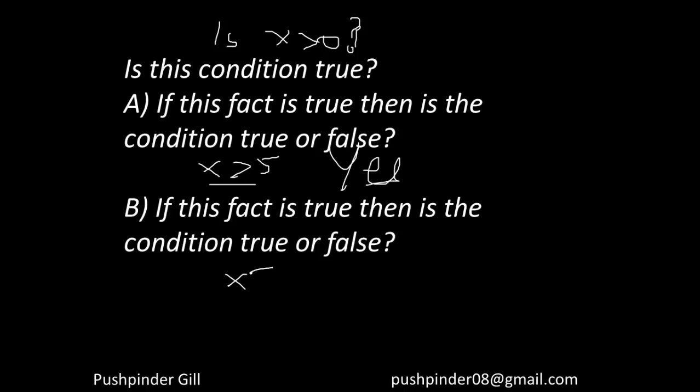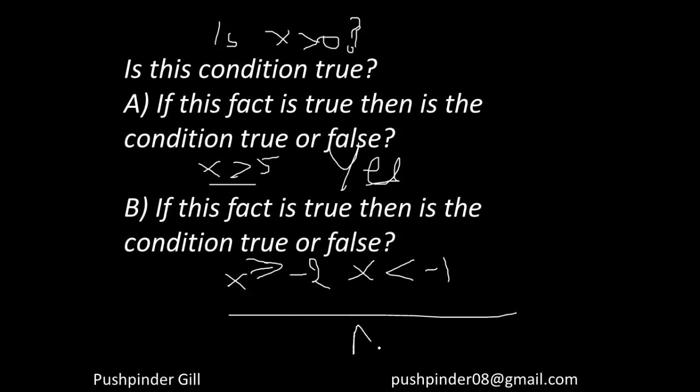It says x is greater than -2, but x is less than -1. That means I'm getting no as an answer because x is a negative number, and I'm trying to find whether x is a positive number or not. So I'm getting a definite yes here, and a definite no here. That means my statements are sufficient, right?